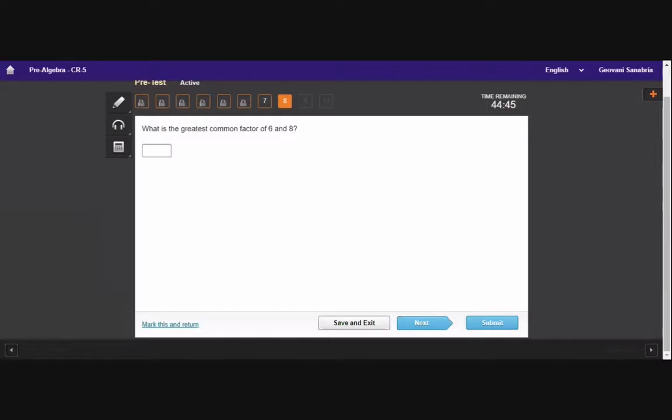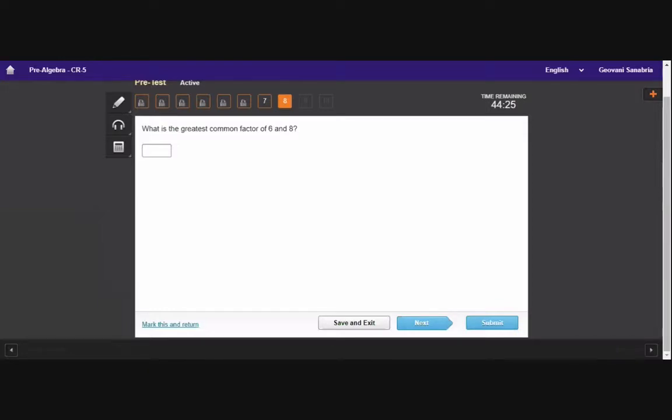Let's see this. What are the factors of 6? What are you allowed to divide 6 by and get an even number? 2 and 3, right? And also 1, but we don't have to care about 1.